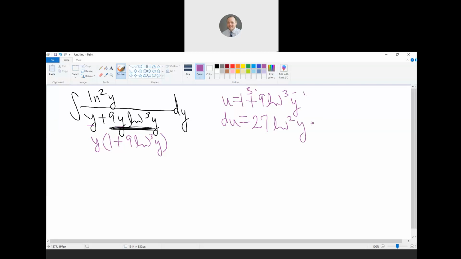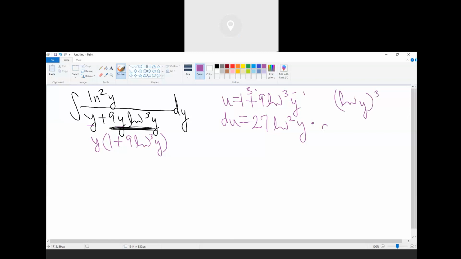Now this is the chain rule part. And if having the exponent in the middle confuses you, what I did was rewrite it. So you can certainly rewrite it as natural log y all cubed.